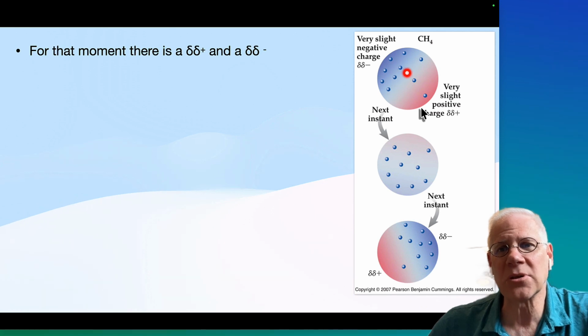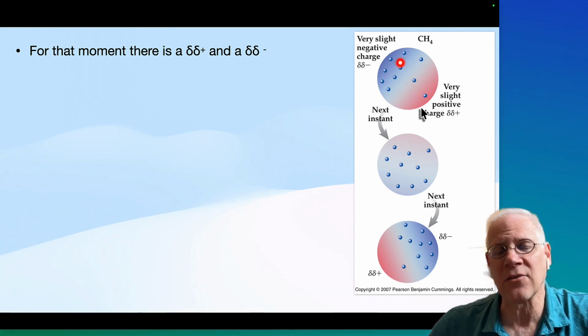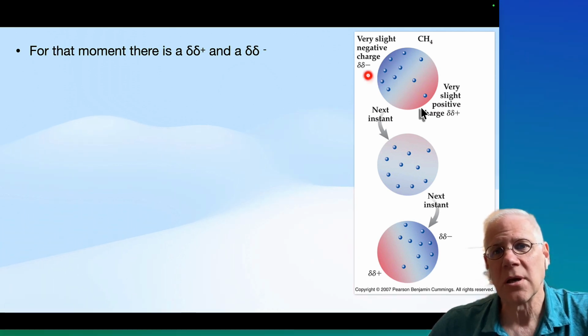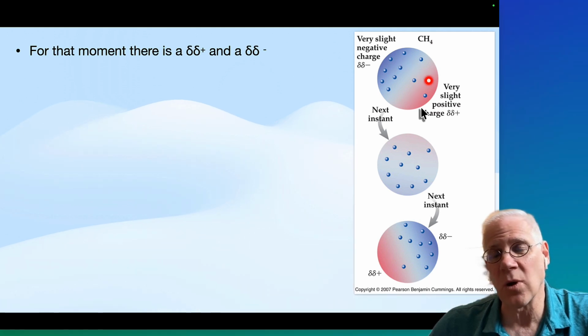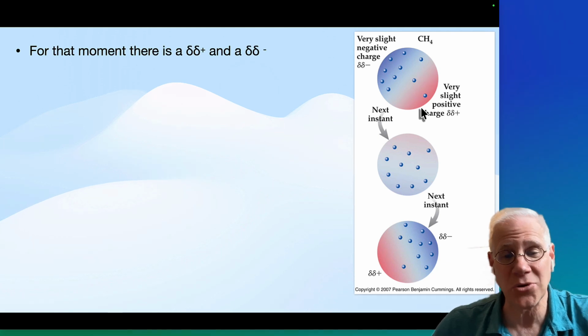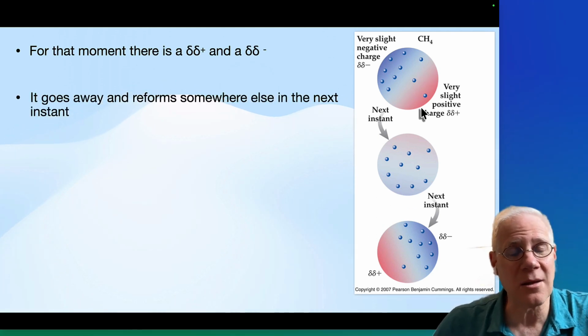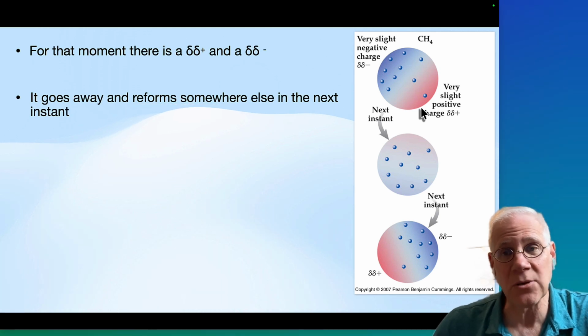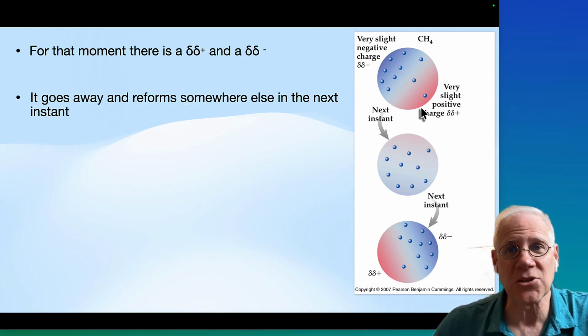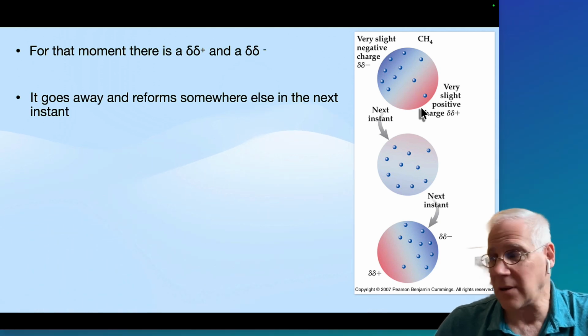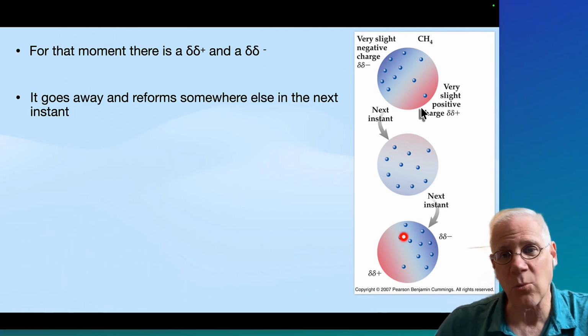And so the portion of the molecule that has more electrons is going to develop a delta minus, and the one that is lacking its fair share of electrons is going to have a delta plus. Now, again, the electrons haven't stopped moving. It was just for a moment. And so in the next moment, that tiny difference goes away, but it can reform somewhere else.